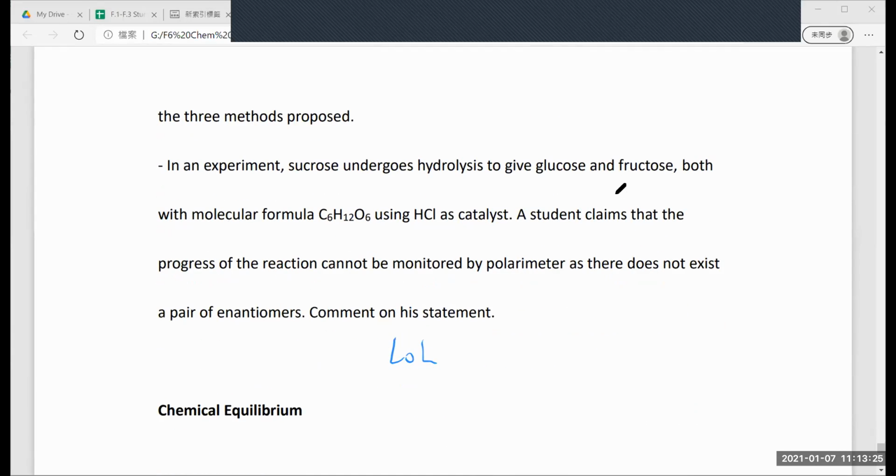OK，最尾條喎。In the experiment, sucrose undergoes hydrolysis to give glucose and fructose, both with the same molecular formula, using HCl as a catalyst. The student claims that the progress of the reaction cannot be monitored by polarimeter, as there does not exist a pair of enantiomers. Comment on this statement.